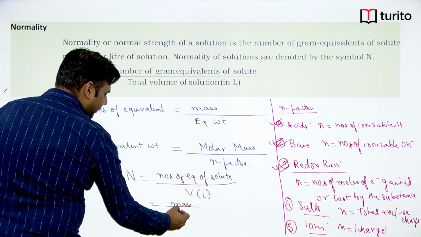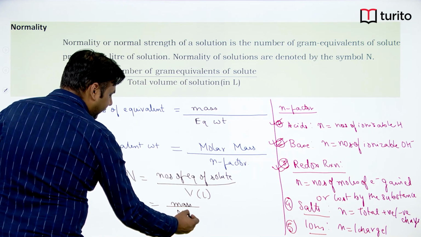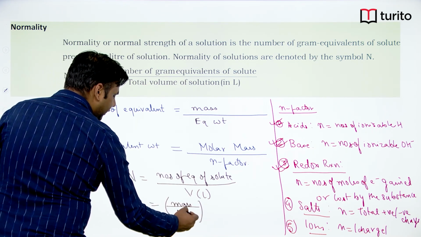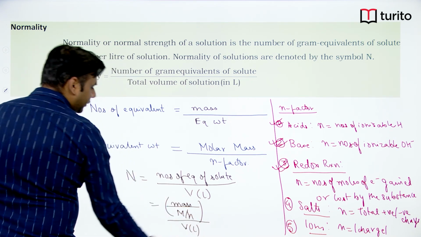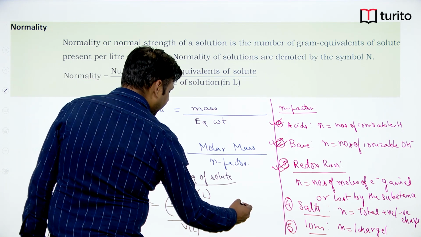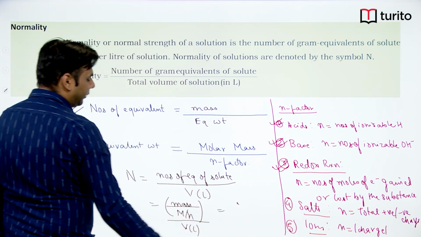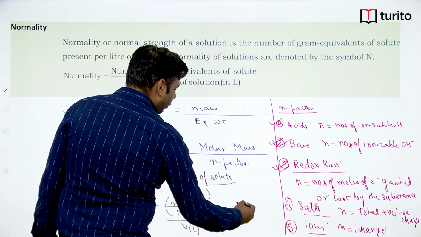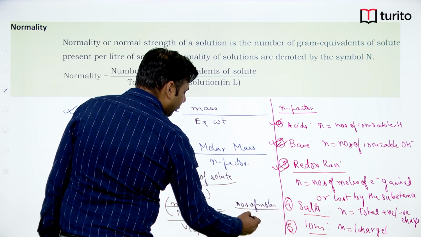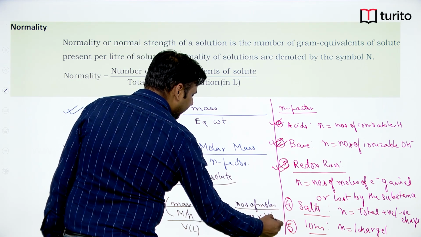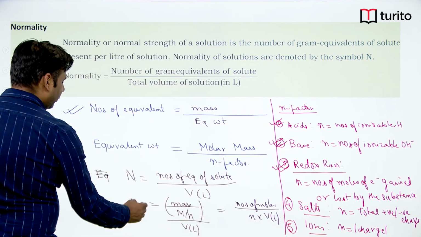Equivalent weight I know is molar mass upon N factor. So this is basically the number of equivalents upon volume of solution in liters. I can write this as mass upon molar mass, which is also number of moles. So this will become number of moles upon N into volume in liters. So this is basically normality.